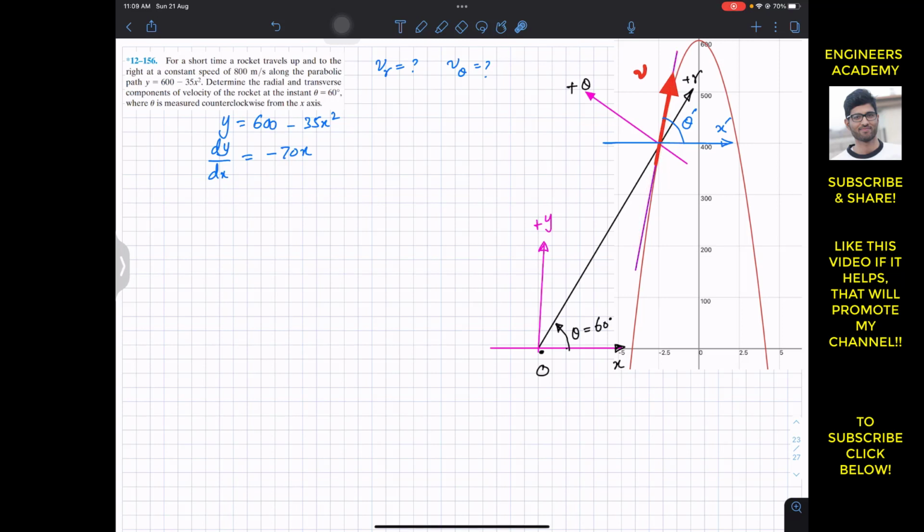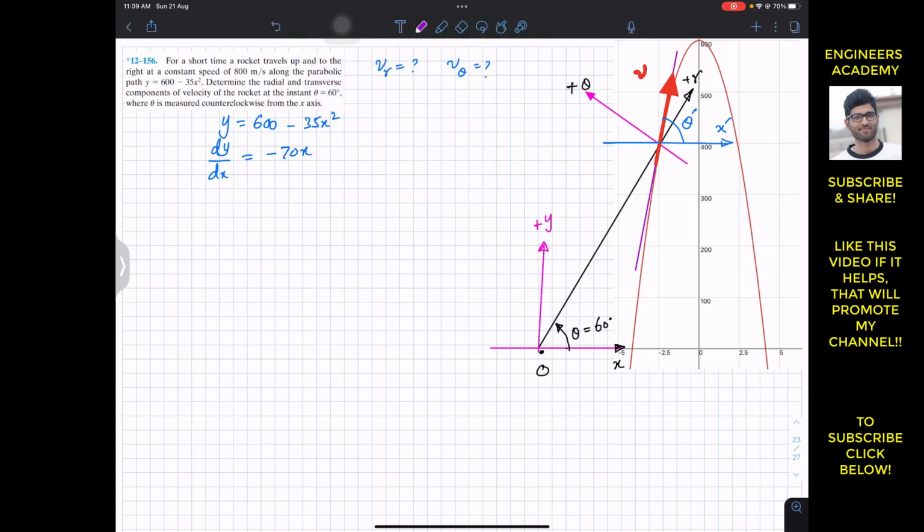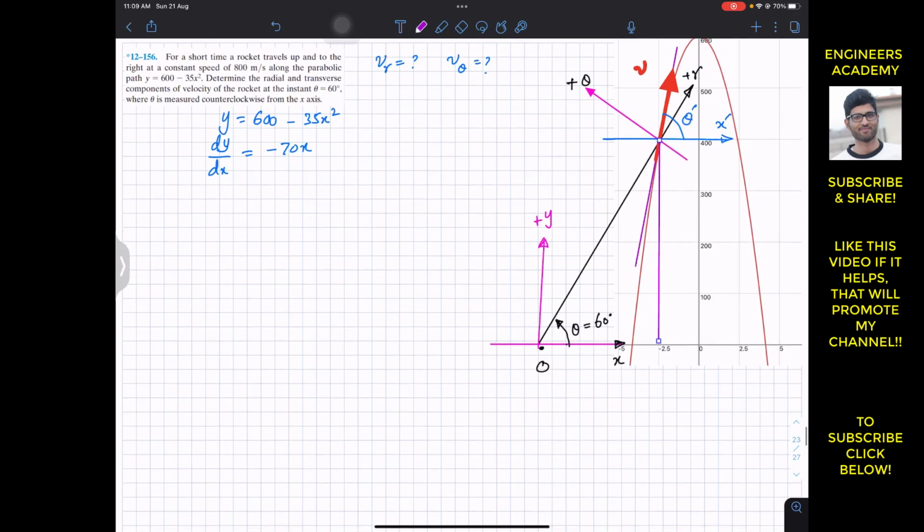Now we are given that the angle is theta, so let's say I drop a perpendicular from this particular point; from here to here, this is that x.